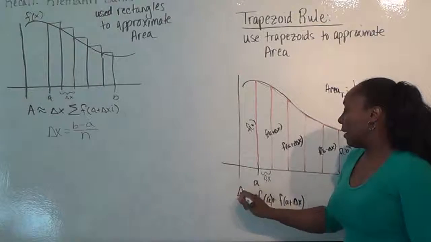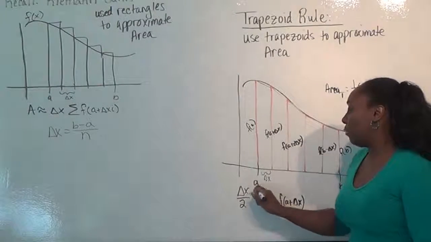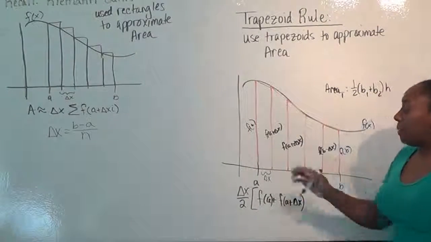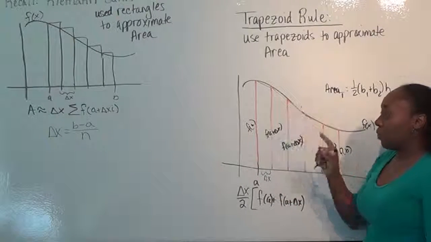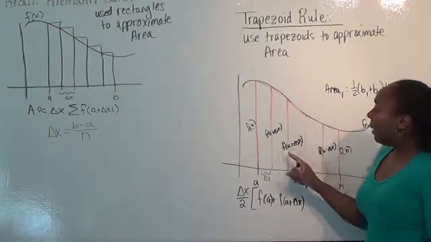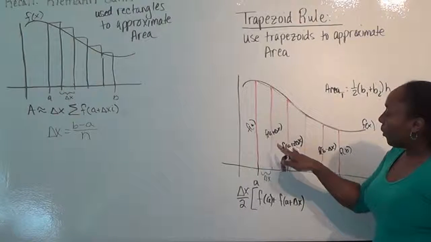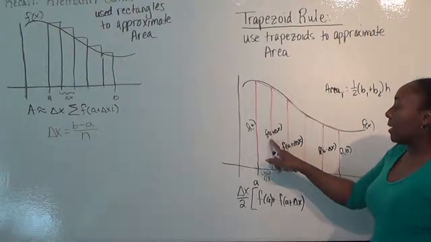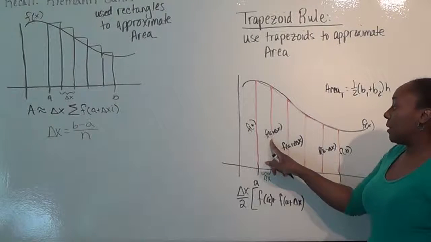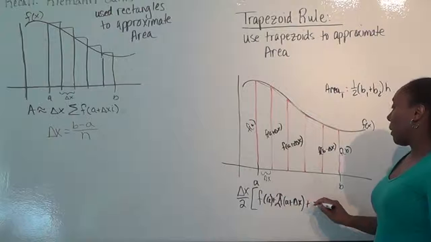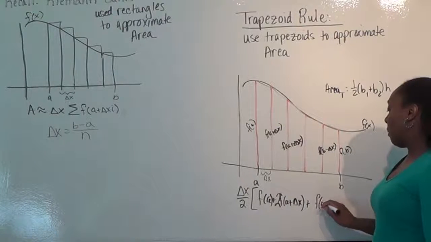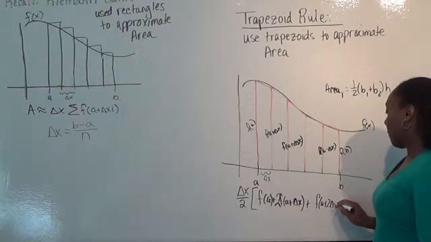So I'm going to get a delta x over 2 out front. But then when I go to add the next one, I can see I'm going to get that delta x over 2, so 1/2 of the height. But then when I look at the bases, notice I'm using that same base again, the f of a plus delta x. So here I'm actually going to get a 2 in front of that, plus the next term, f of a plus 2 delta x.